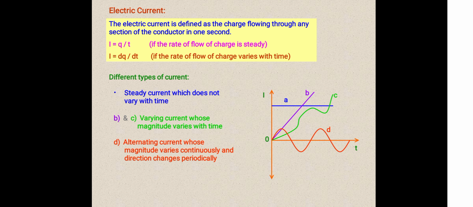This one is alternating current, whose magnitude varies continuously and direction changes periodically. This type of current is called alternating current. Basically in class 12, we discuss steady current and alternating current. But in this chapter, we discuss only steady current.